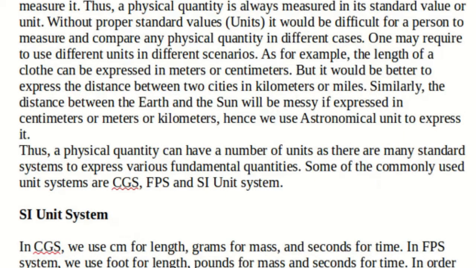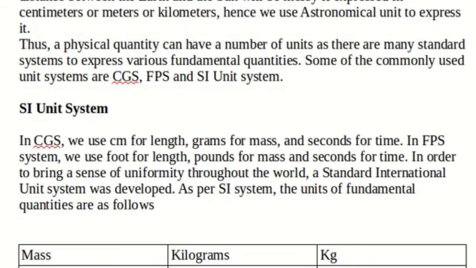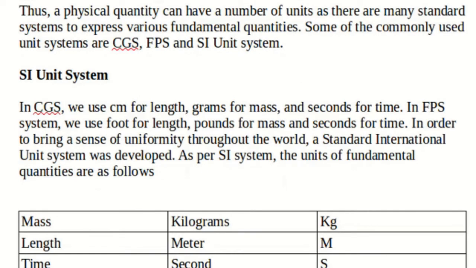Examples are speed, which is simply distance upon time traveled. Now, distance is a fundamental quantity representing length, and time is also a fundamental quantity. Similarly, density is equal to mass upon volume. Mass is a fundamental quantity, and volume is again a derived quantity that is dependent on the fundamental quantity of length.